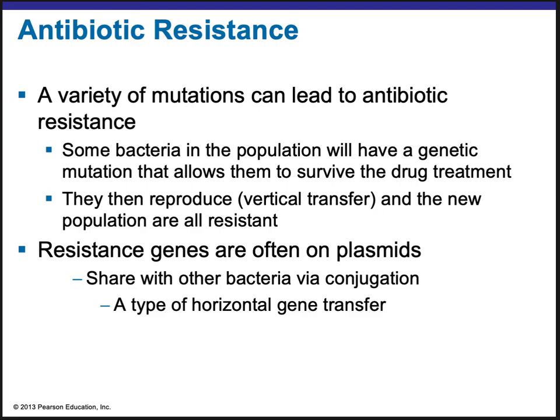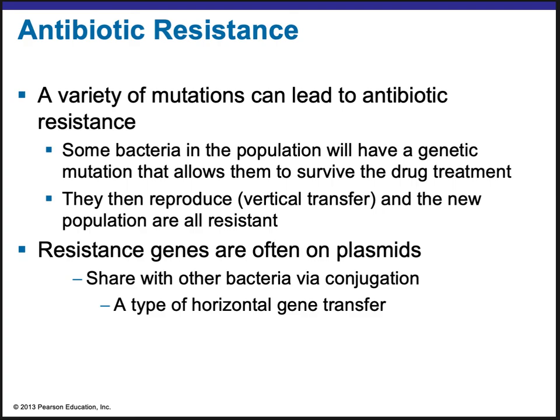You have to remember that in a population of bacteria, there's millions and millions and millions of bacteria. And over time, as these bacterial cells replicate their DNA to divide, they'll make mistakes. And sometimes those mistakes will lead to new protein products.